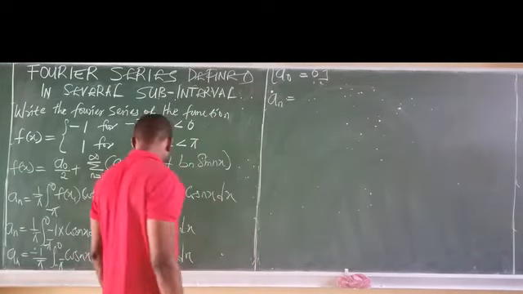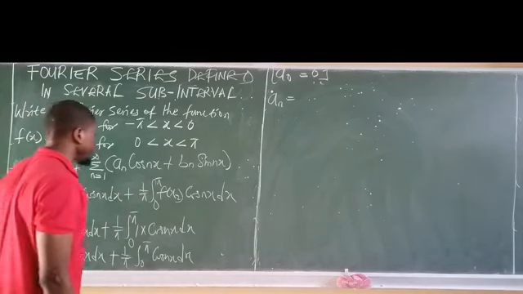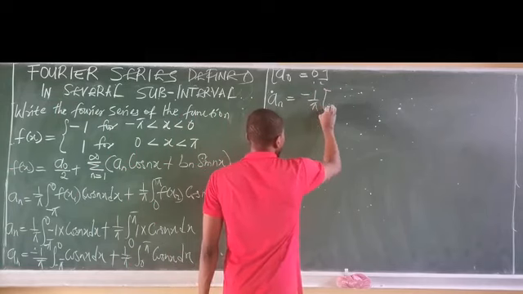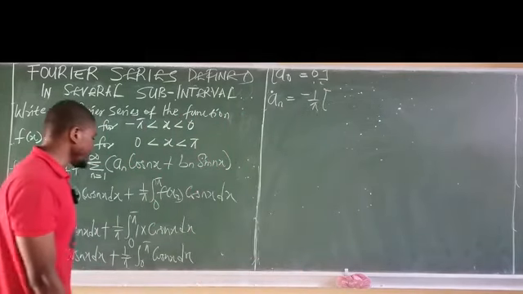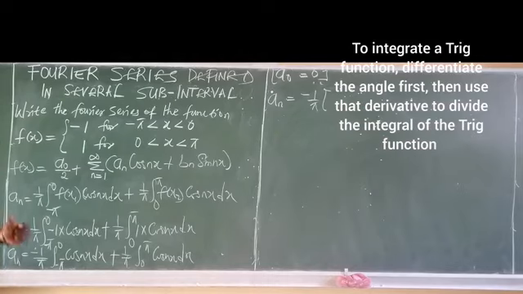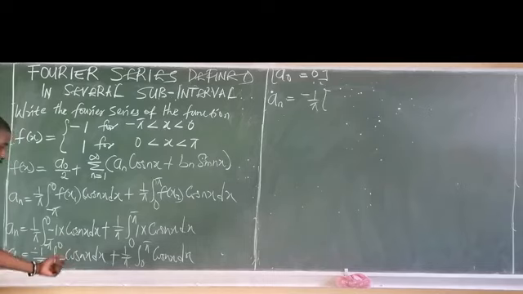Okay, so an is now equal to, let's now integrate. I have for the first case minus 1 all over pi. If I integrate cos, I've said this in the previous two videos, to integrate a trigonometric function, first thing you do is differentiate the angle, use that derivative to divide the integral of the trig function. The angle in this trigonometric function is nx.